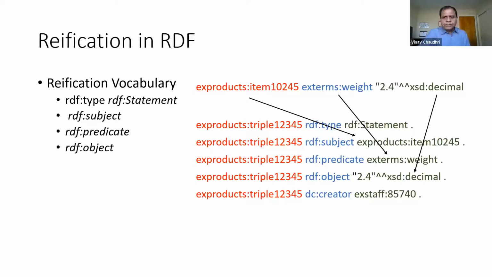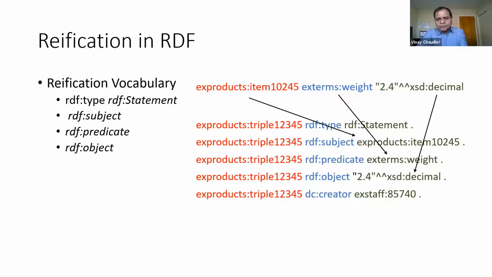So what we do is, given the triple for which we want to introduce a property, we will first invent a new object. In this case, we are inventing a new object, 1112345. This is an object which represents the triple for which we are going to specify a property. The first thing we would say is that this object, 1112345, has a type of statement, which indicates that this object is actually representing a statement.